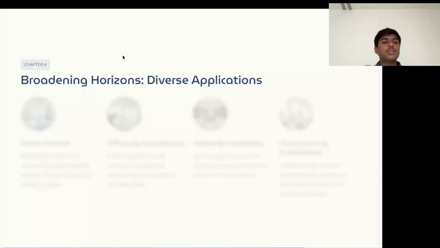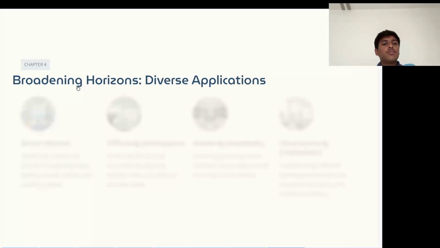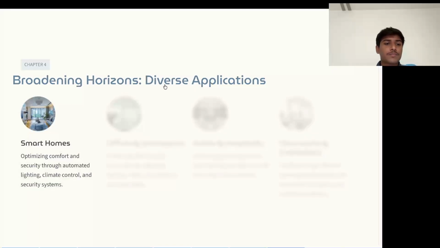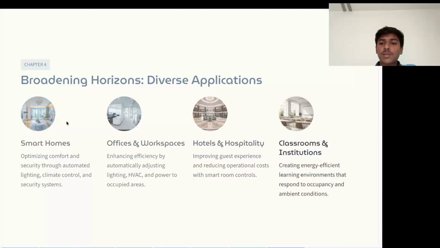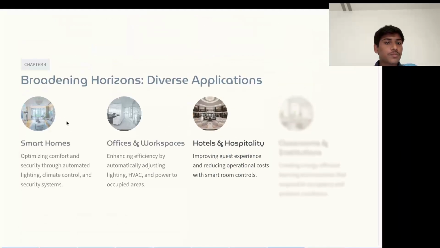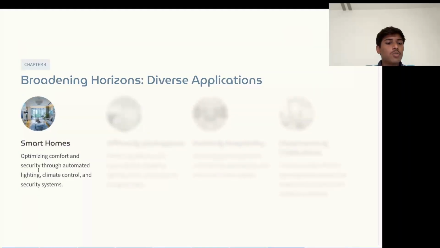Our chapter 4 is broadening the horizons: diverse applications. Smart home, office workspace, hotels and hospitality, classrooms and institutions. Smart home: optimizing comfort and security through automated lighting, climate control and security systems.